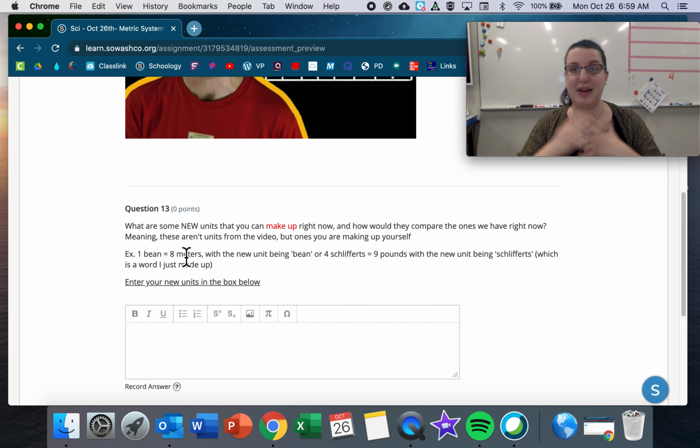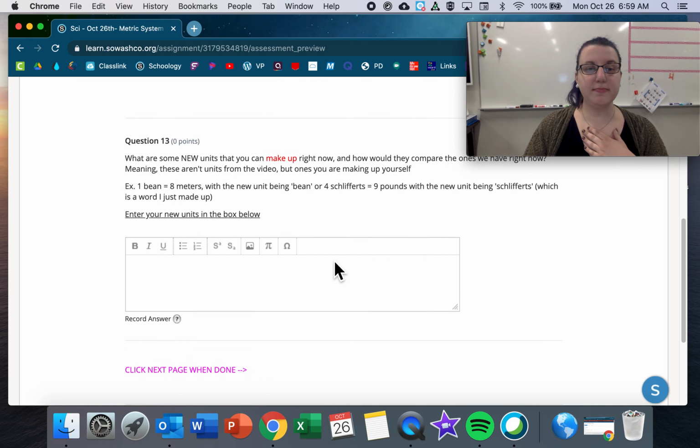So if you have a bean that's 24 feet long, I would love to see it. It's a big bean. With the new unit being bean, or 4 Schlifferts, which is a word I made up, equals 9 pounds. So you're going to come up with a new unit, either come up with a new word or come up with something that equals something that you wouldn't normally think of. So you're coming up with new units.